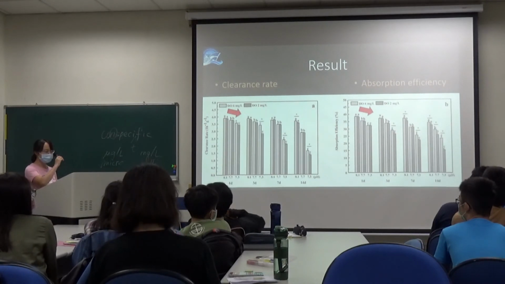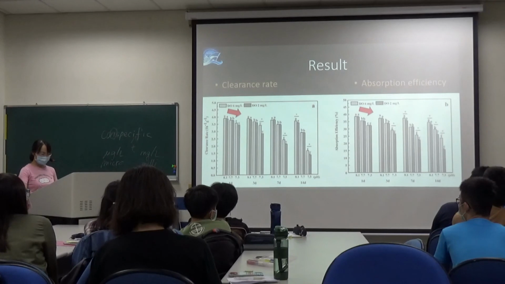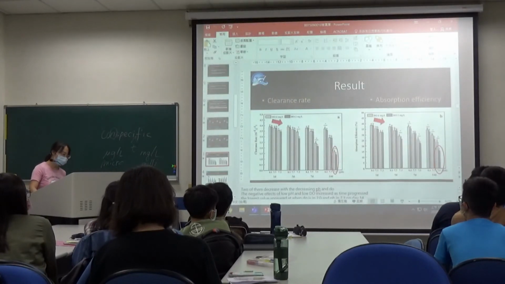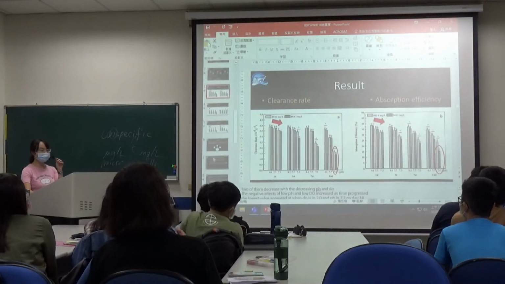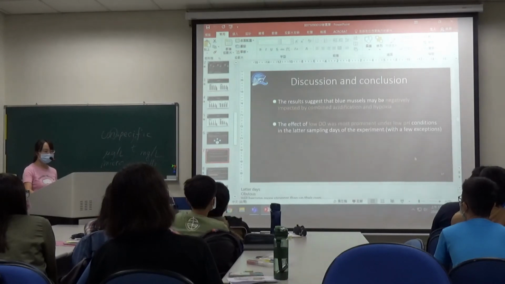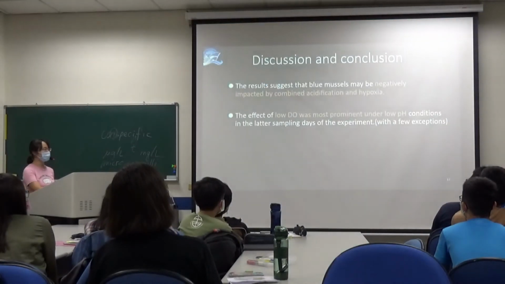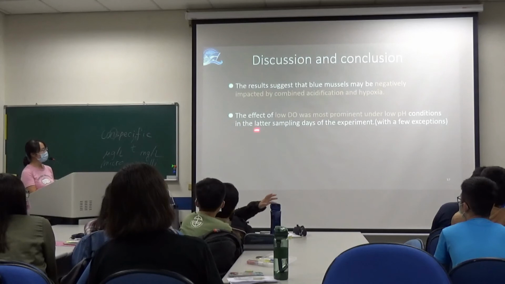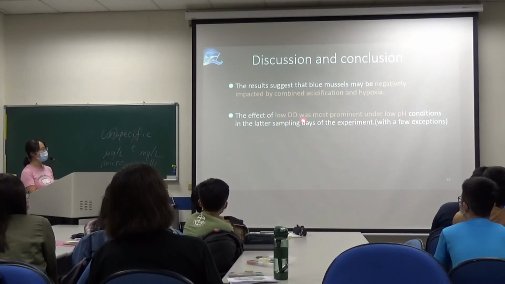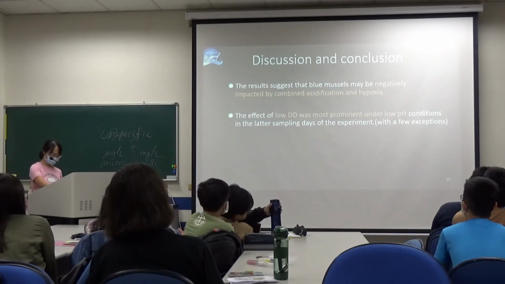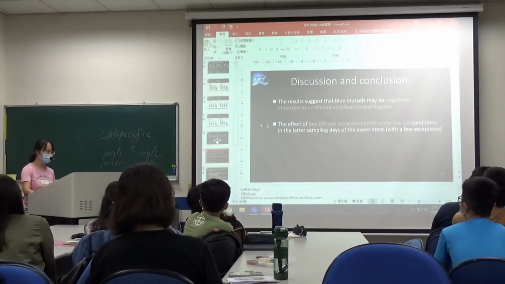This actually corresponds to Ethan's question. And I also noticed that because this paper, the result is actually quite straightforward. And here you talk about the effect of low DO under low pH, most prominent in the latter sampling days. I'm not sure if I have missed that.